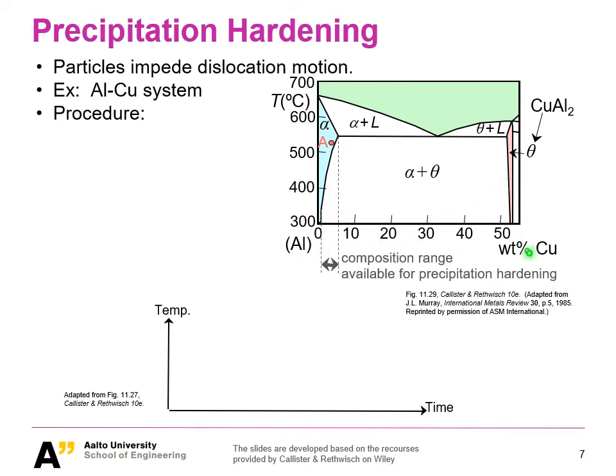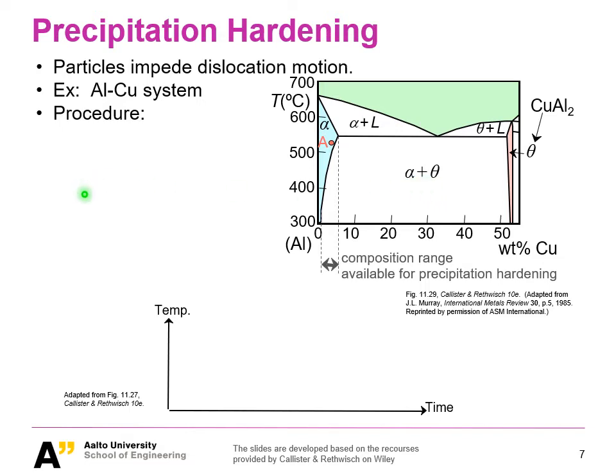We have aluminum and copper, and we have two solid solutions, either alpha, with the aluminum as dominant element, or theta, when the copper is significant, actually still not too dominant, rather in a balanced case. And in between we have the mixture of alpha and theta.